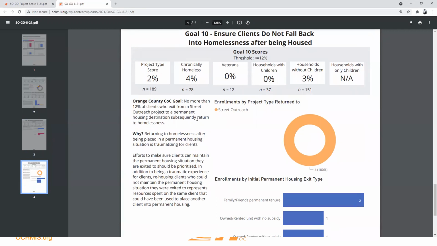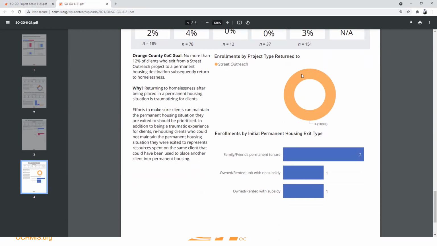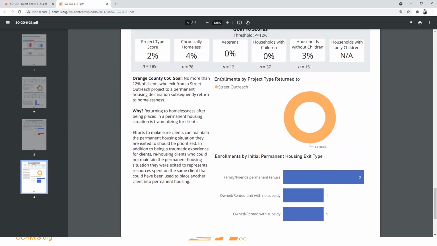So we had very few clients that exited to permanent housing in the first place, and then even fewer that later returned to homelessness. And so you can see the percentages again by the different household types. In our little donut that's just a circle with a hole in it, everybody that exited to permanent housing and then later returned to a street outreach project.